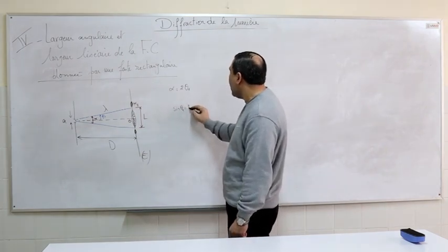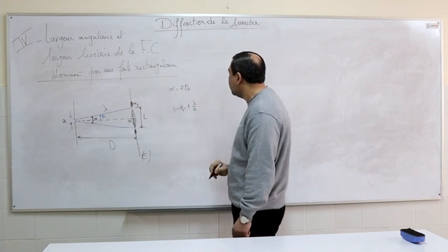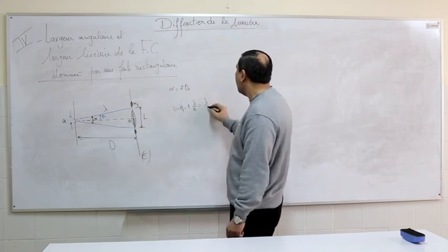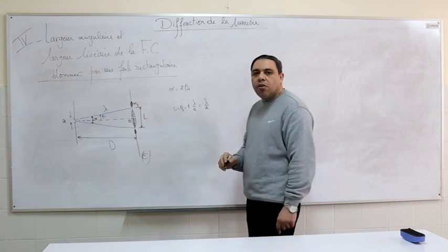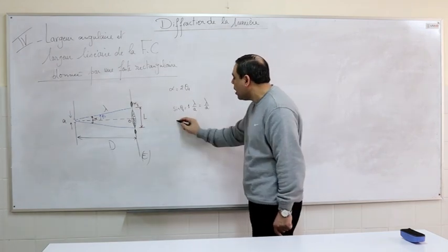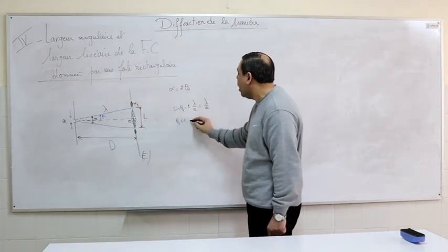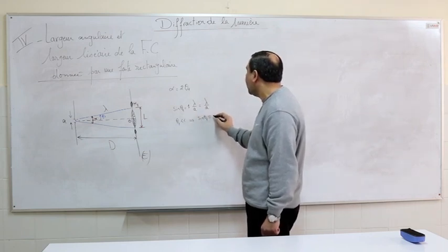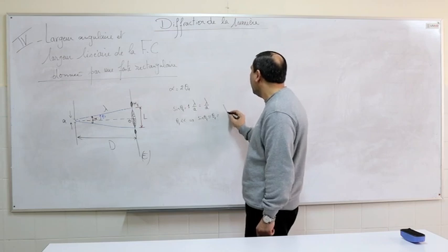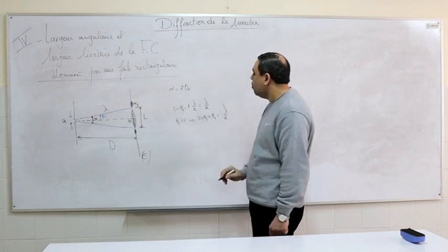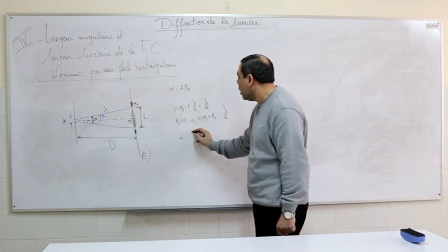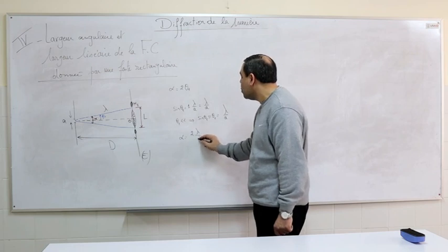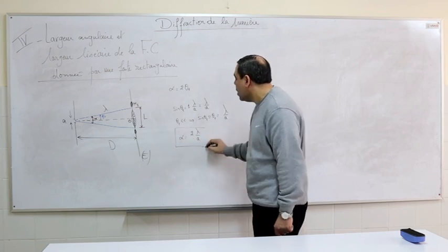And to determine θ1, sine θ1 equals 1 lambda over a, which is lambda over a. But θ1 is very small. Therefore, sine θ1 is approximately equal to θ1, which is equal to lambda over a. And as a result, we have alpha equals 2 lambda over a.